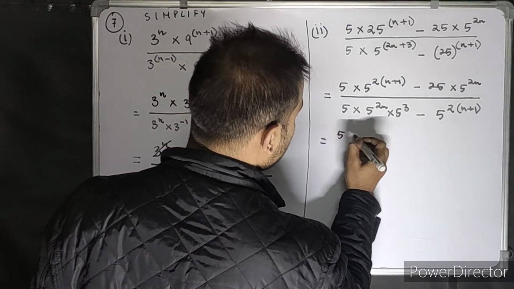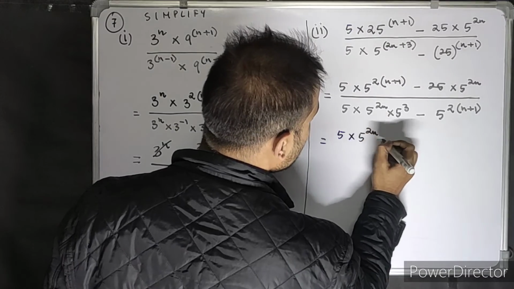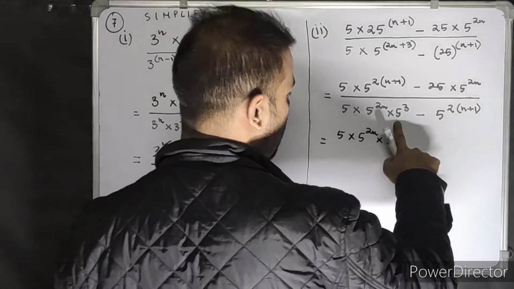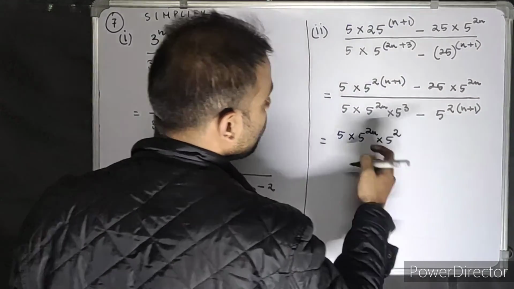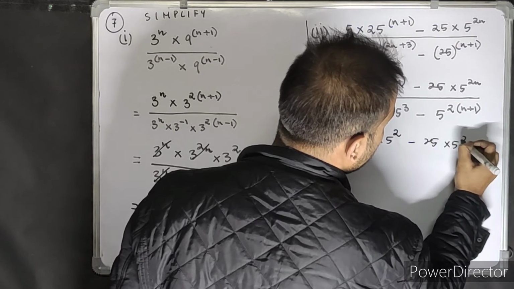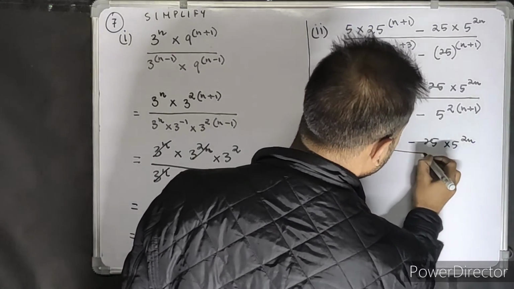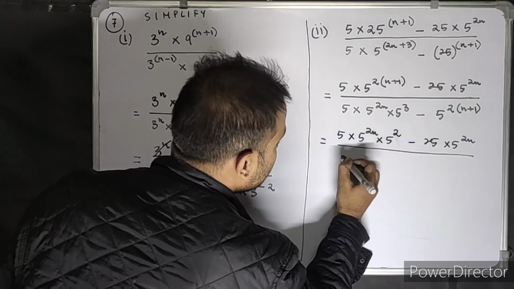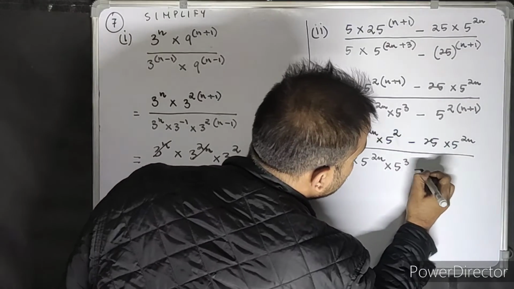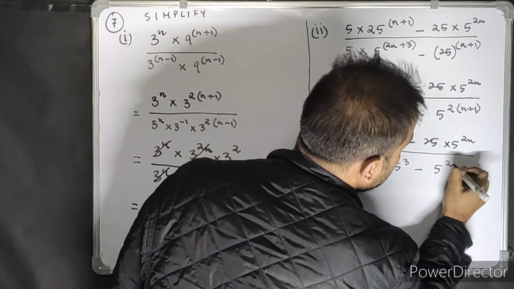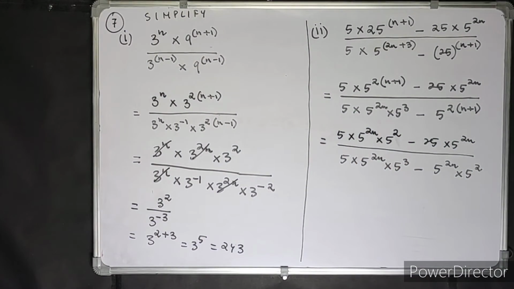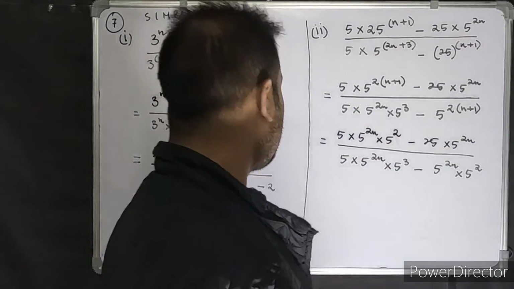From here, 5 into 5 to the power 2n into 5 to the power 2, because that got multiplied inside, minus 25 into 5 to the power 2n, whole thing divided by 5 into 5 to the power 2n into 5 to the power 3 minus 5 to the power 2n into 5 to the power 2.